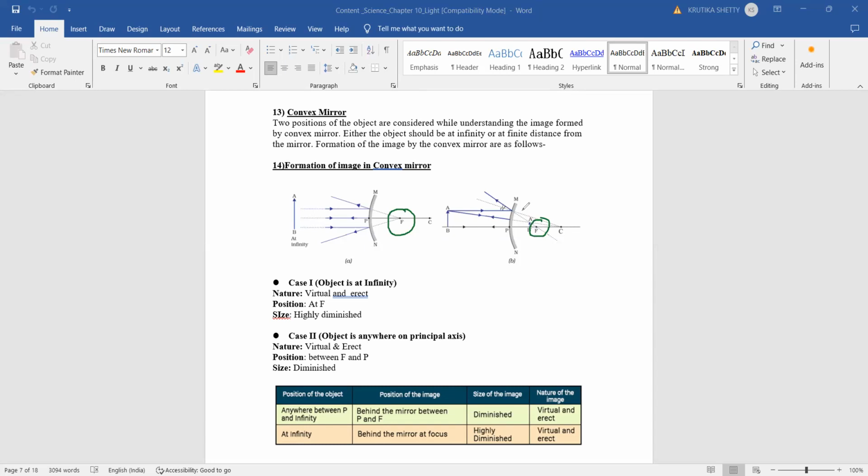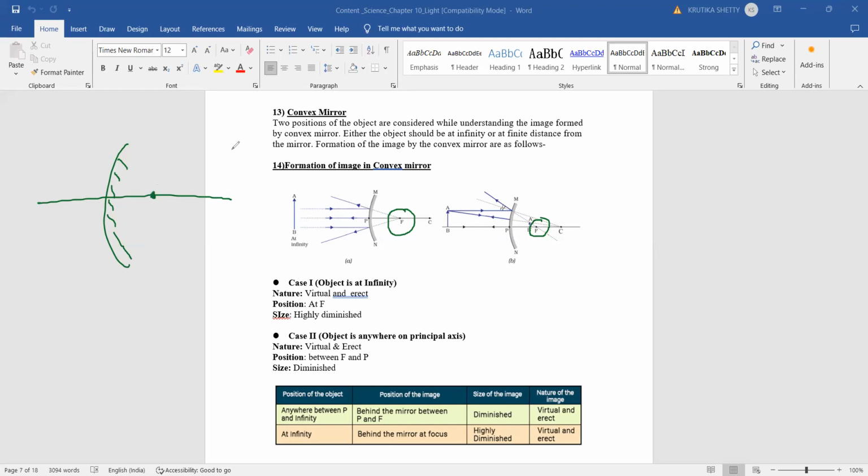So how to define this principal focus? Let us define now. Principal focus is nothing but a point on the principal axis. Because you know that already, the principal axis is the central line, so the focus is on that one.